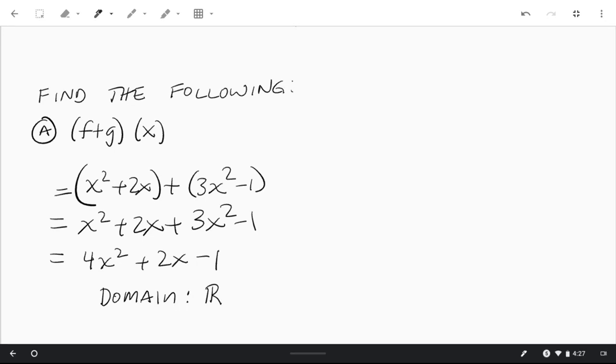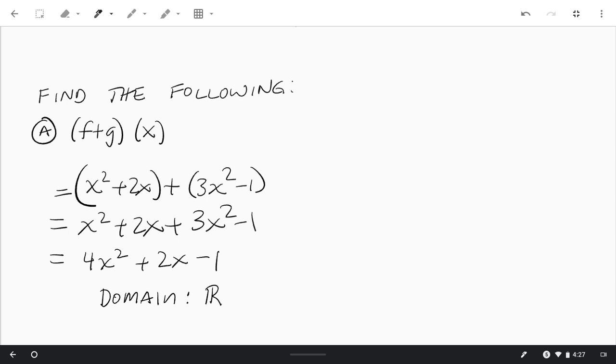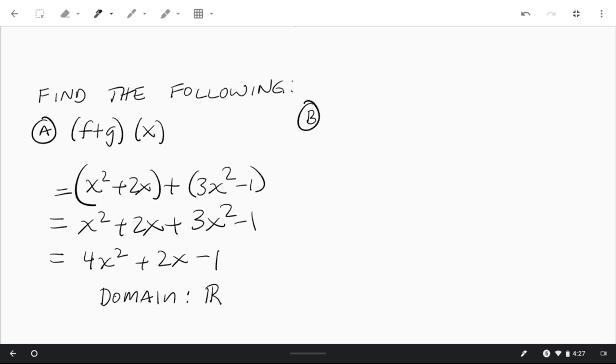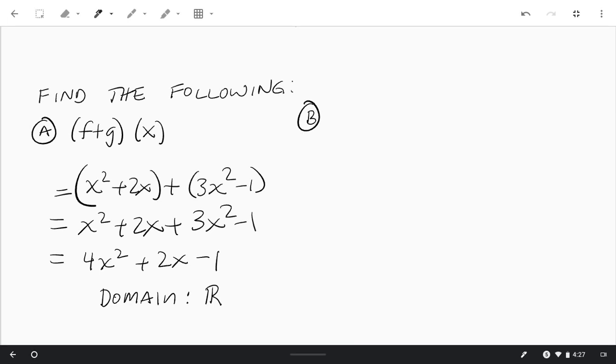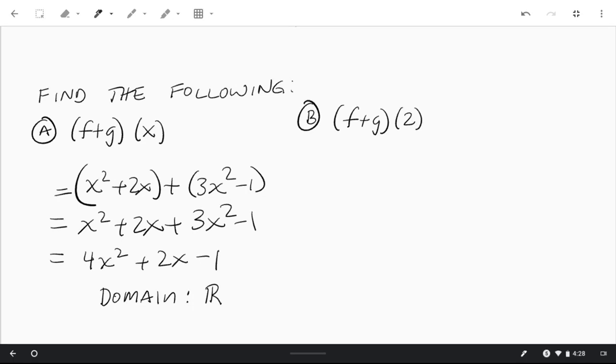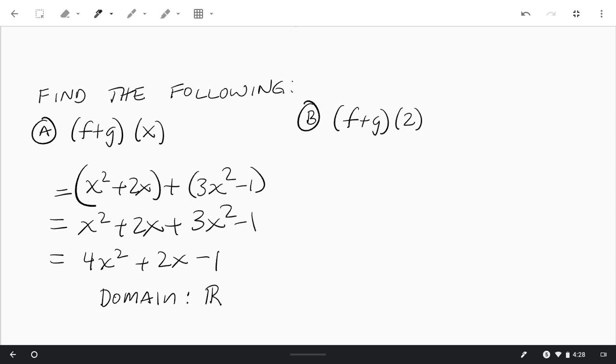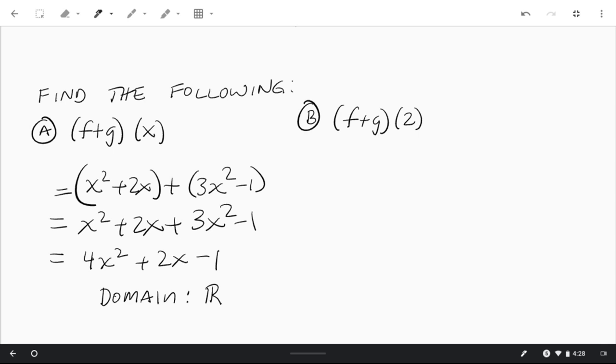Let's take a look at this one. This was an example where you were adding two functions, but not evaluating at any particular x value. Now let's take a look at f plus g of 2. There are two ways to go about this.